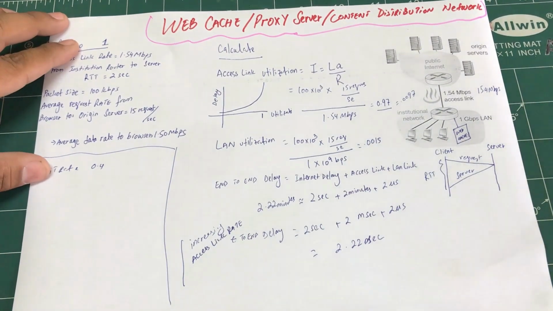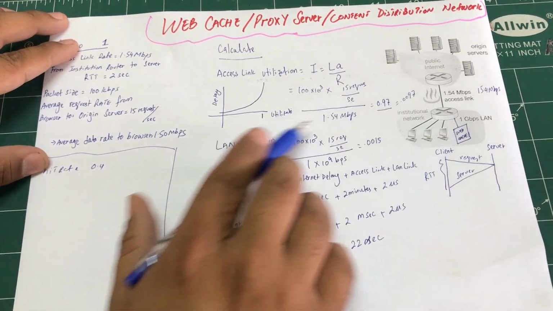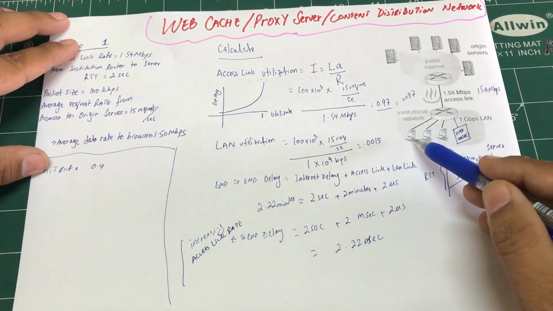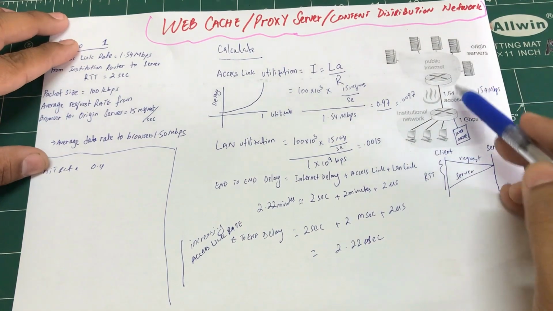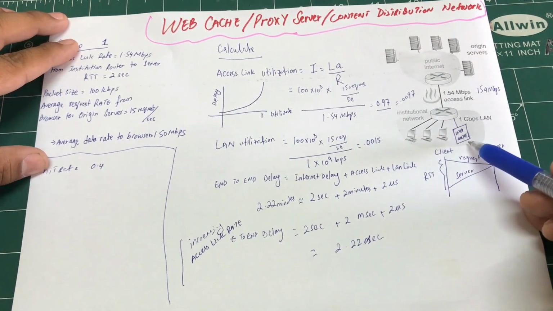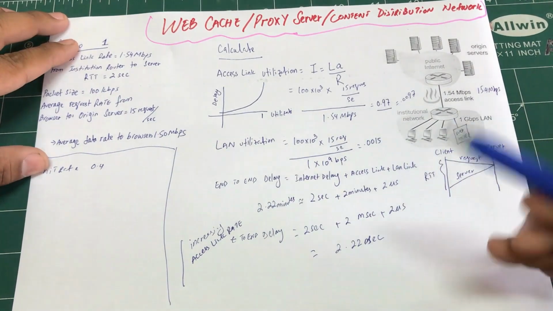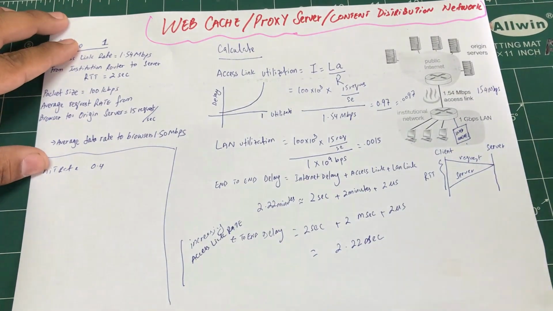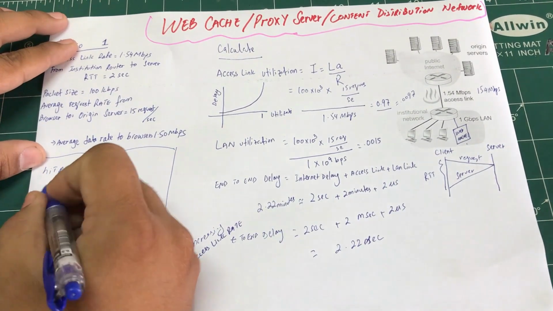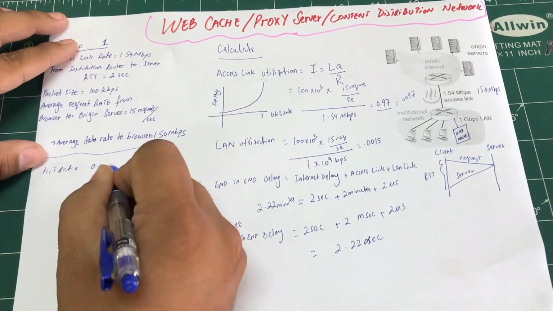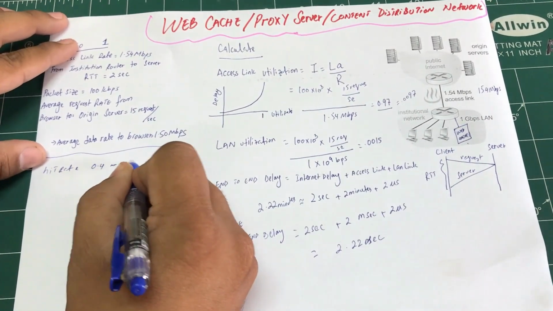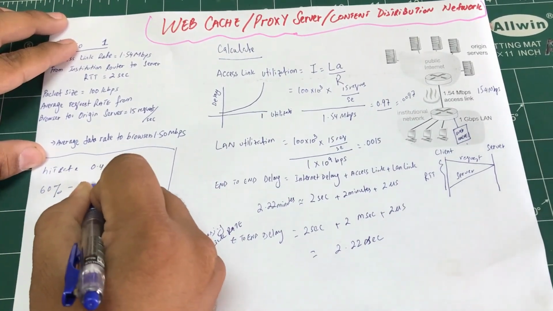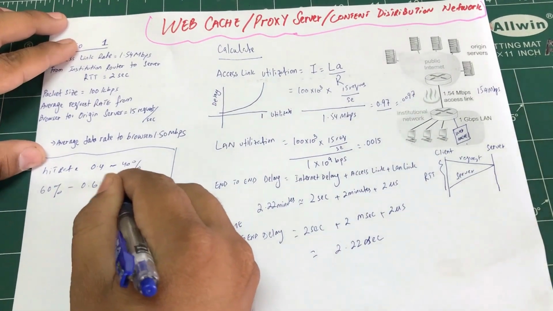So in this network, if the request is coming from this PC, 40% of the requests do not need to go through this access link; they will be served by this web cache, while 60% of the packets, or 0.6, will go to the origin server.